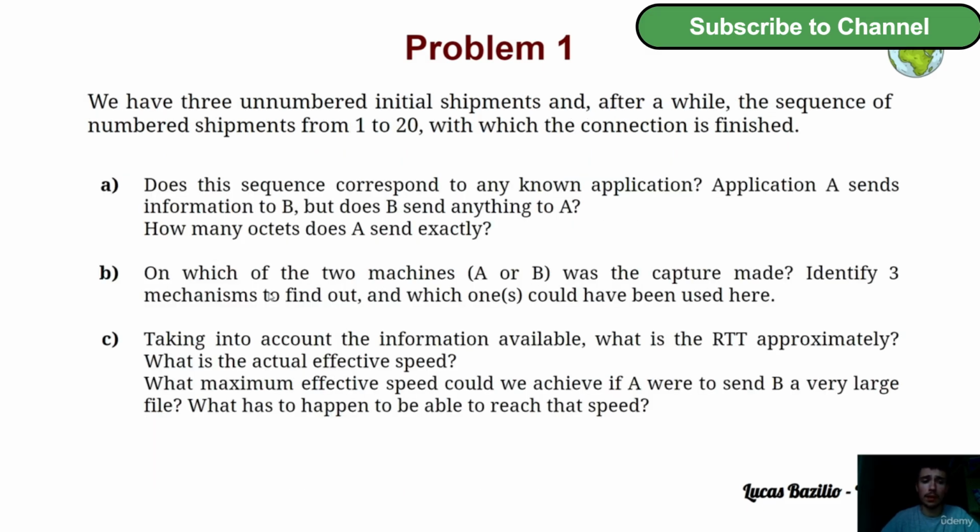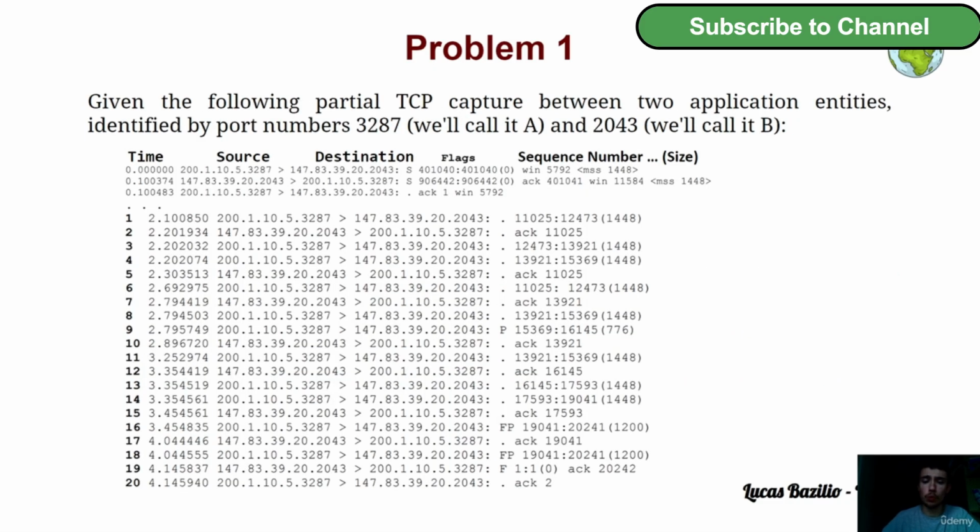So now, coming back to the question: application A sends information to B, but does application B send any information to application A? To answer this question, we need to look at the last acknowledgement that application A sends to application B. In that acknowledgement, we will have a value, and this value tells us how many bytes of data were sent.